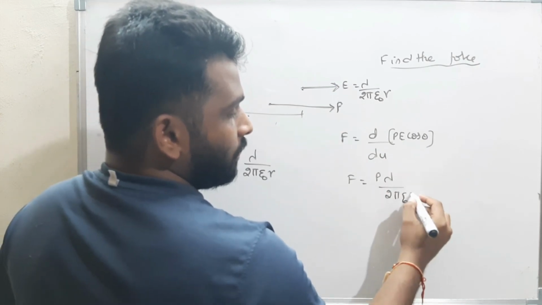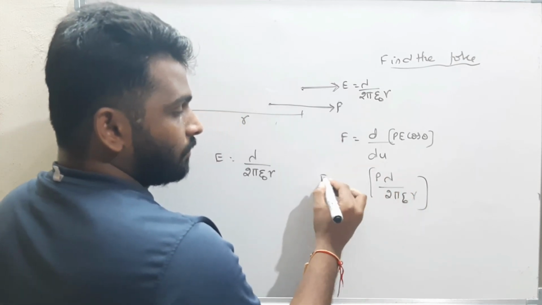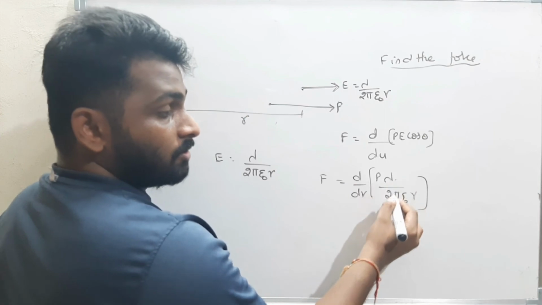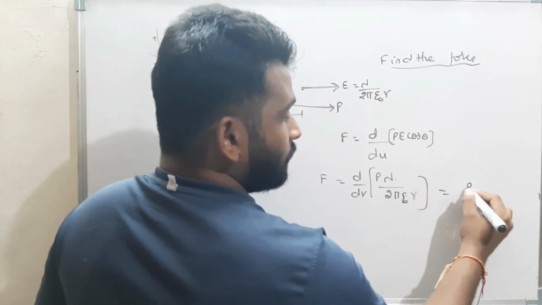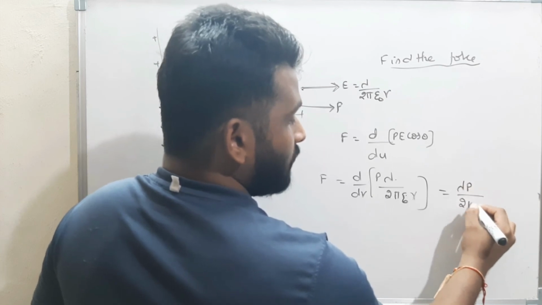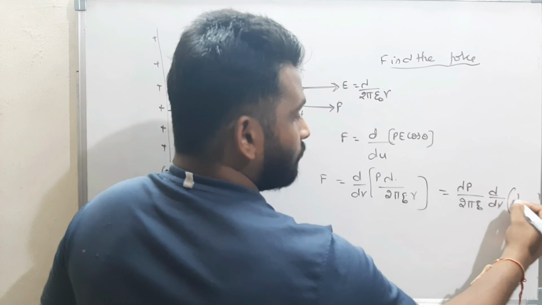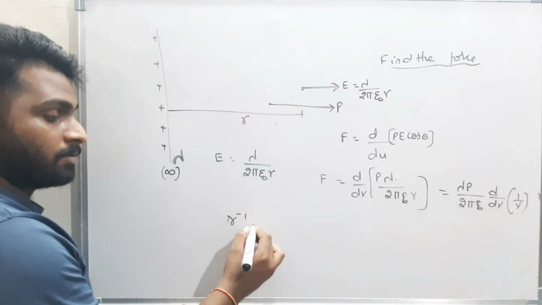And this is under differentiation, right? Therefore F is equal to d by dr. P is constant, lambda is constant, 2 pi epsilon naught is constant, so they come out. Therefore, lambda P by 2 pi epsilon naught d by dr of 1 by r. What is the differentiation of 1 by r? r power minus 1.